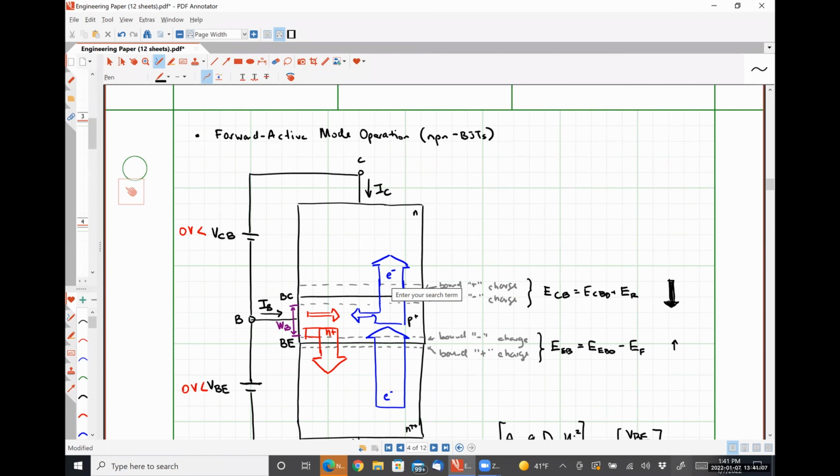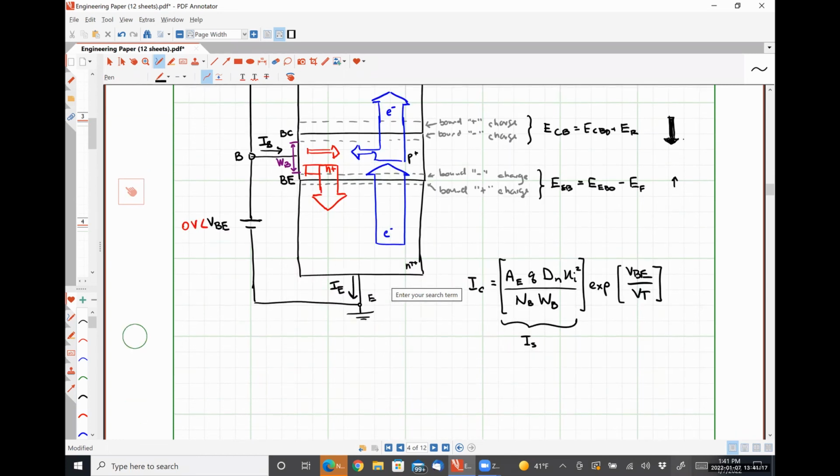Okay. The base current is typically expressed as a fractional portion of the collector current, where we can call IB simply IC divided by a value beta.